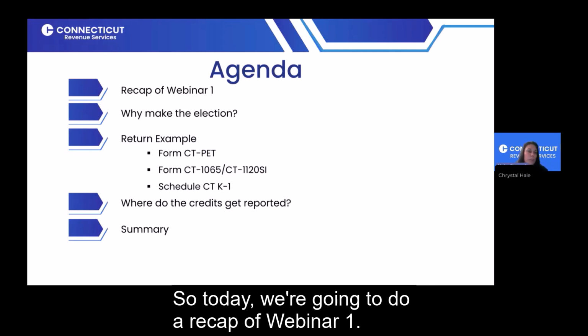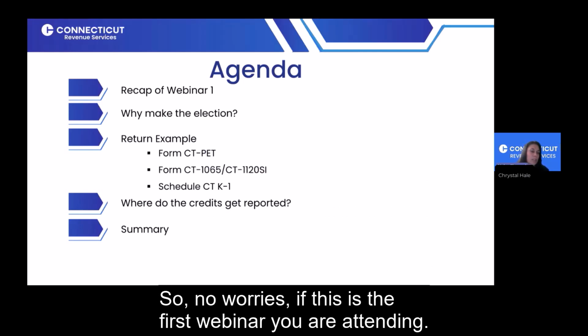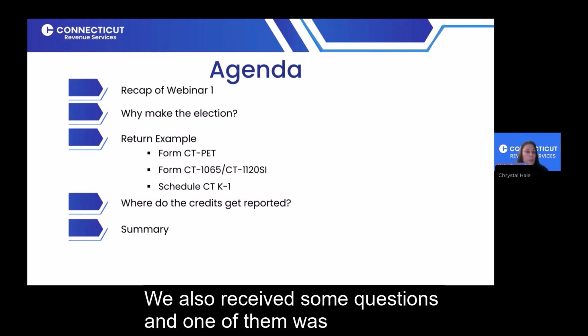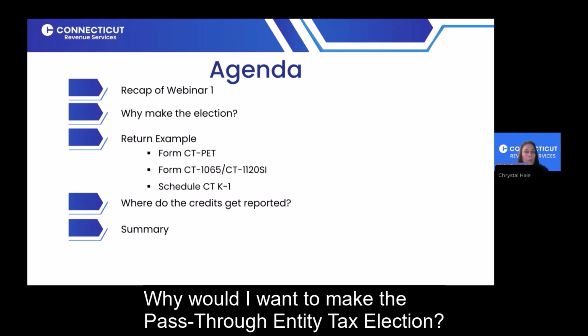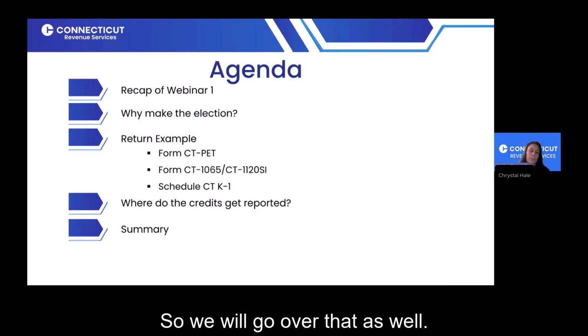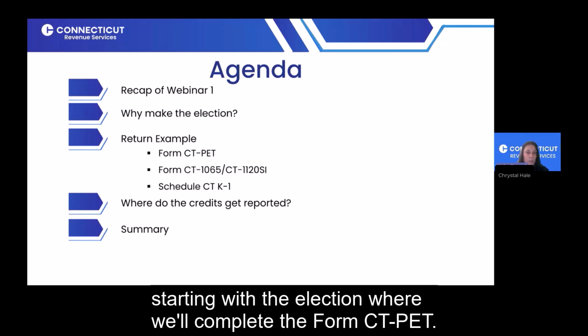So today we're going to do a recap of webinar 1, so no worries if this is the first webinar you are attending. We also received some questions, and one of them was, why would I want to make the pass-through entity tax election? So we will go over that as well. We will go over a return example, starting with the election, where we'll complete the form CT-PET.